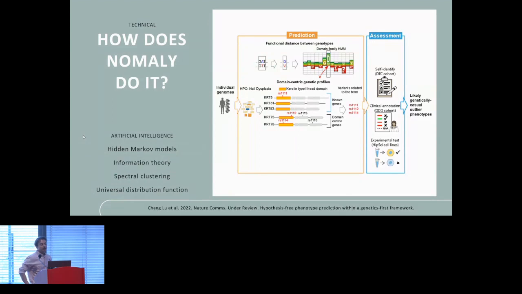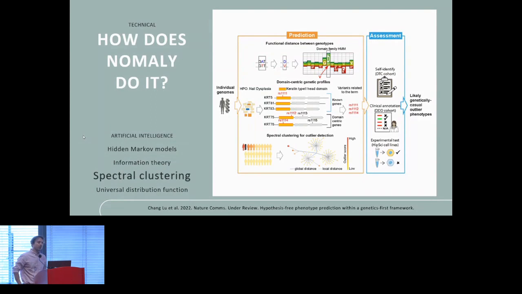Then, for a given disease or phenotype, we compare all of the variants against a background cohort, for example the 1000 Genomes. We take all of the variants and compare them against all of the people all together, all at the same time.